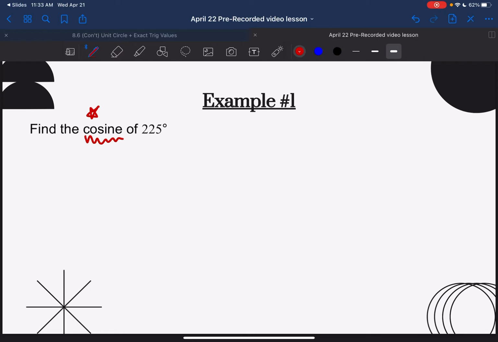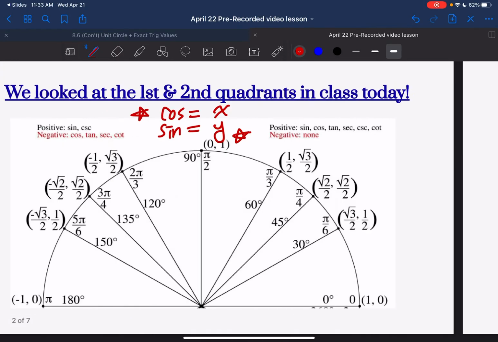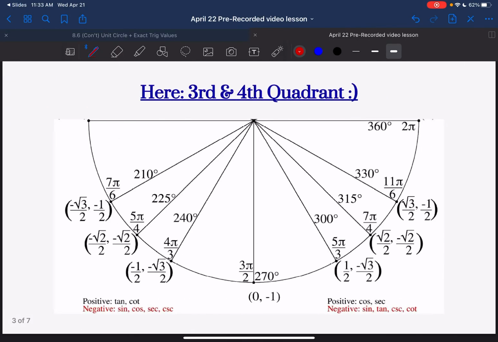225 is supposed to be in the unit circle because I told you guys you have to use the unit circle today. So where is 225? 225 is bigger than 180 degrees, so it should be in the third quadrant, right? There are 2 values, but in this case, it's the same thing, so it's easier.